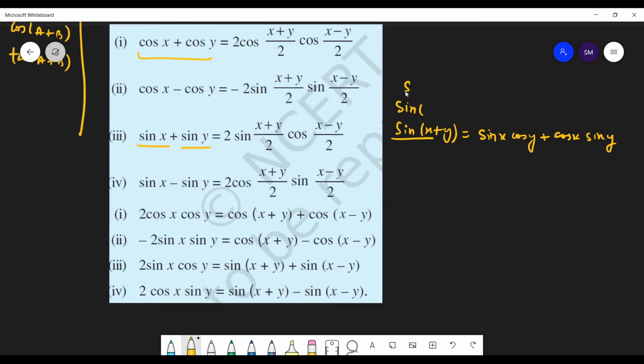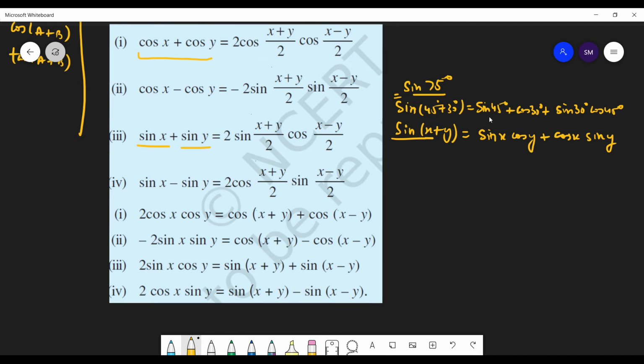Sine 75 degree is equal to sine of 45 degree plus 30 degree, right? And you know the values, so you can write sine 75 as sine 45 plus 30 and find the values. So that is sine 45 degree cos 30 degree plus sine 30 degree cos 45 degree.